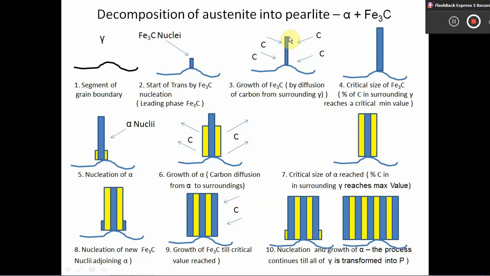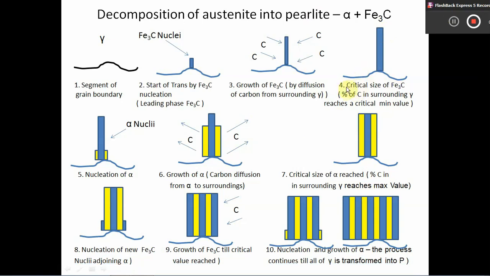So by diffusion of carbon from the surrounding austenite, there will be growth of cementite. This growth of cementite will continue till its critical value is reached, that is, till a critical size of the cementite platelet is reached.